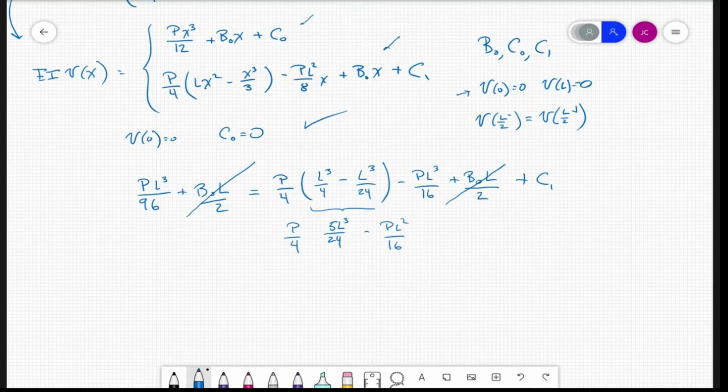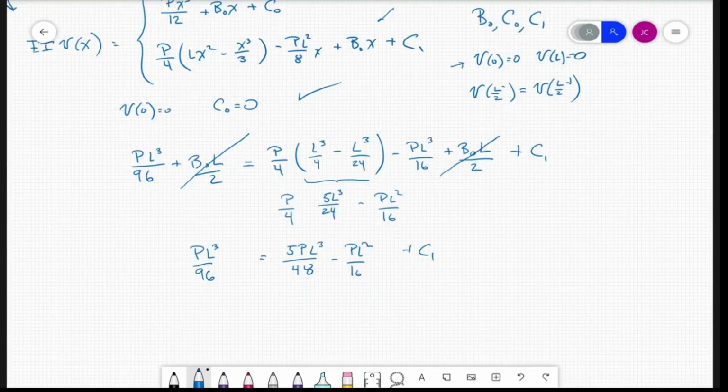So this is 5 PL cubed over 48 minus PL squared over 16 plus C1 has to equal PL cubed over 96.